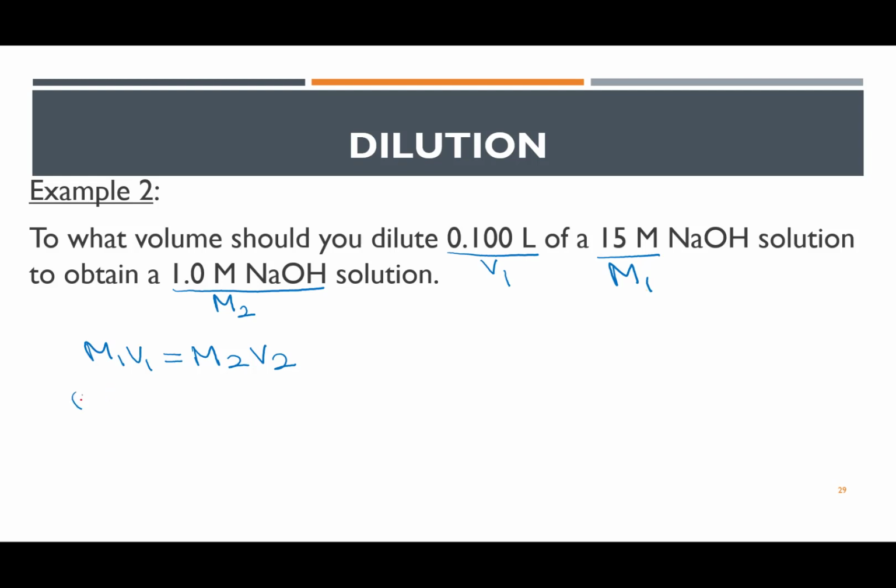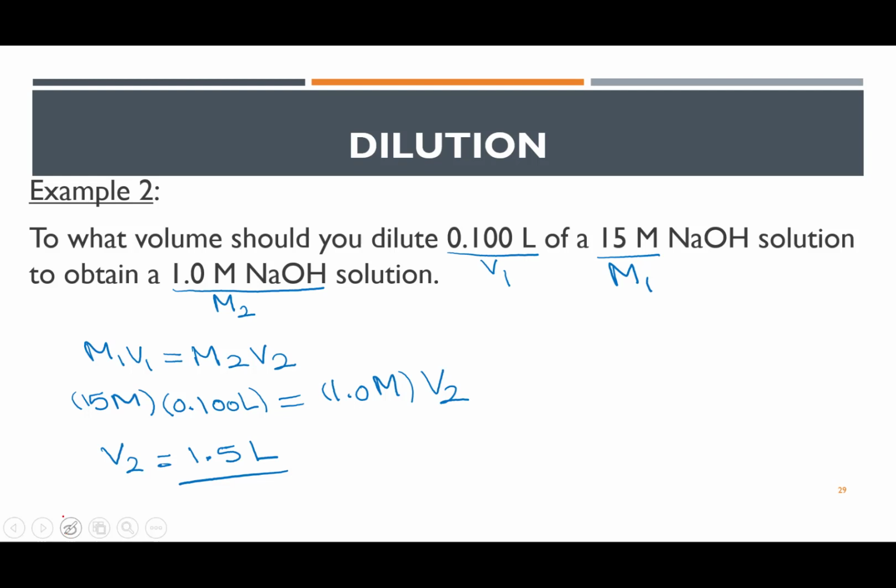M1 is 15, V1 is 0.1, M2 is 1, and V2 we want to find out. And also make sure that the unit for concentration is the same on each side, and it is the same on each side. Then if you do the little math, V2 is equal to exactly 1.5 liter.